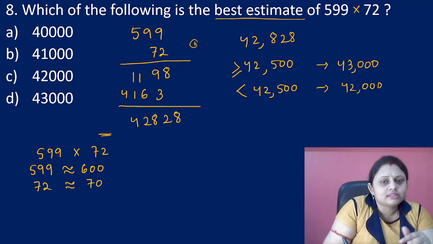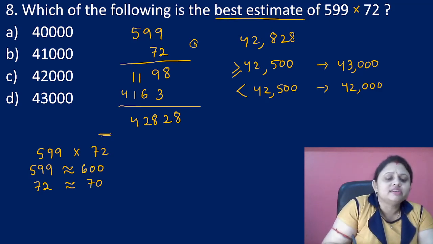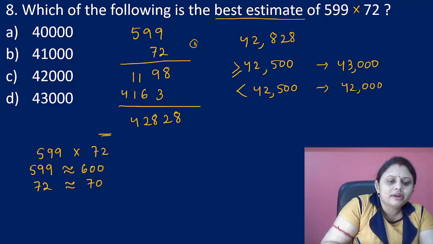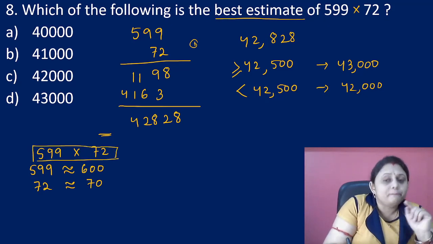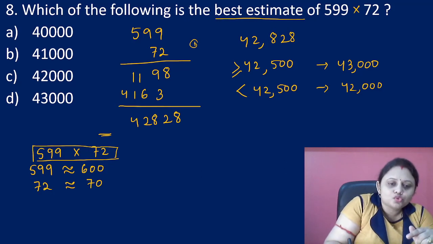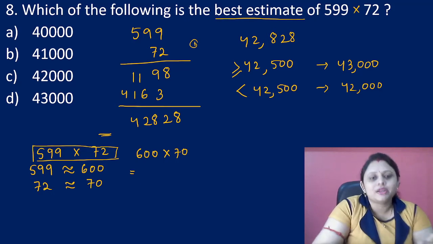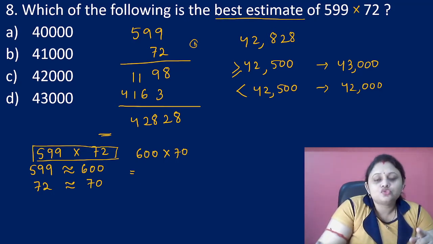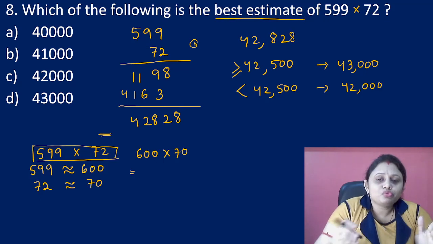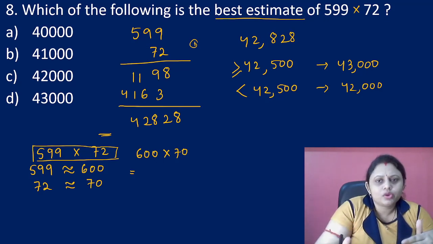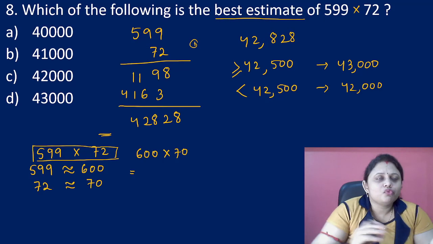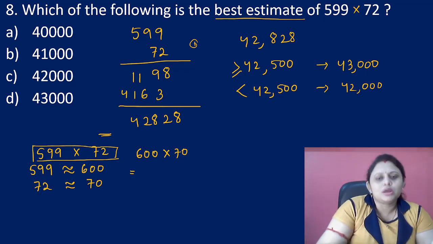So instead of multiplying 599 and 72, for best estimation we can do 600 into 70. Just remember, when we have to find the nearest value it is different, but best estimate means we don't need to calculate all this.